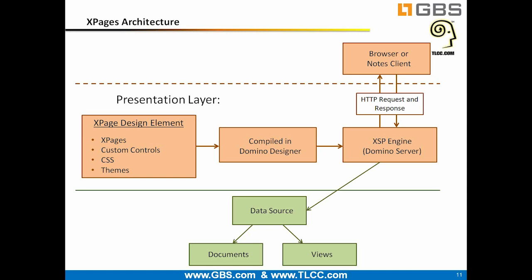The XPages then use what are called data sources as a way to define the data that's going to be used on that XPage. Those data sources in a Domino world can be our documents or our views. So we can have multiple data sources on one XPage, and we use those data sources as what's called the schema, or the way to define the data we're going to be working with.